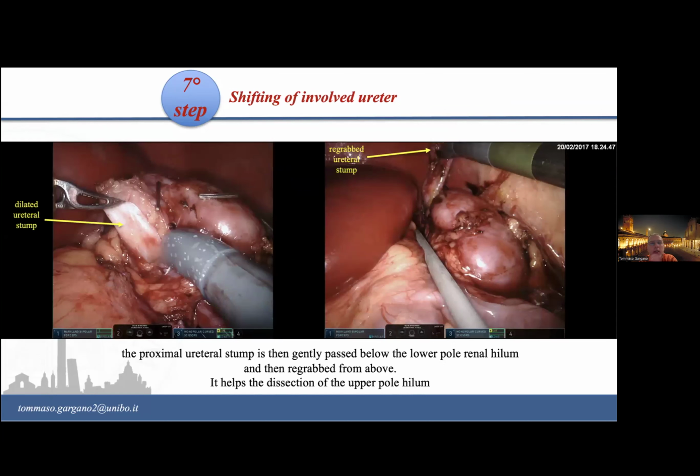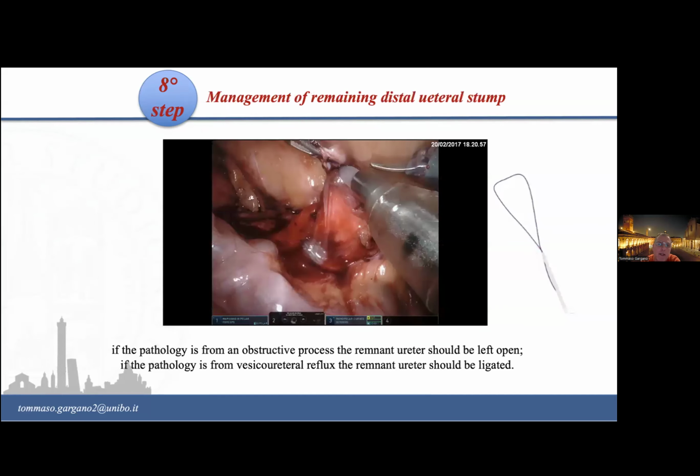The proximal ureteral stump is then gently passed below the lower pole renal hilum, and then this is regrabbed and pulled up from above. This maneuver helps for a better dissection of the upper pole hilum and for the hemostasis of the posterior part of the upper moiety.